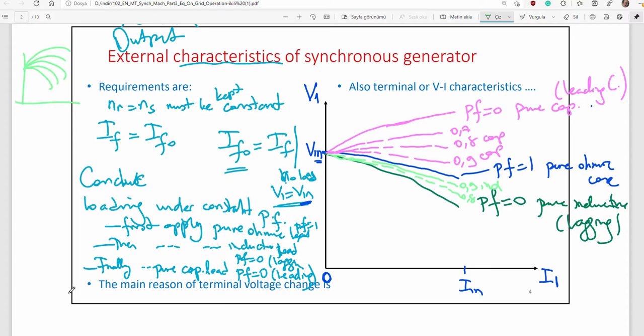The major reason behind the terminal voltage change is armature reaction.